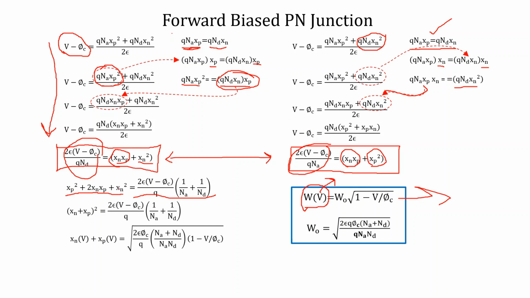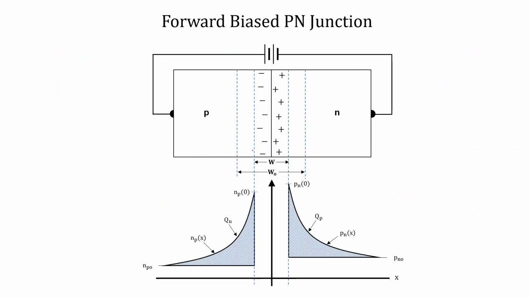Then this is simply q N times (xn plus xp) whole square, and then we take the square root of it to arrive at this expression. So xn plus xp is the width of the depletion region. Here you can see xp plus xn, this whole makes W.